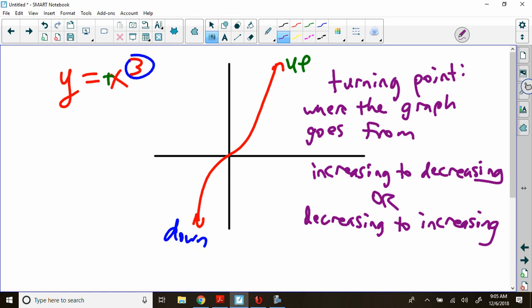So when we say decreasing and increasing, we're talking about the y values as the graph goes from left to right. What's happening to the values of y?